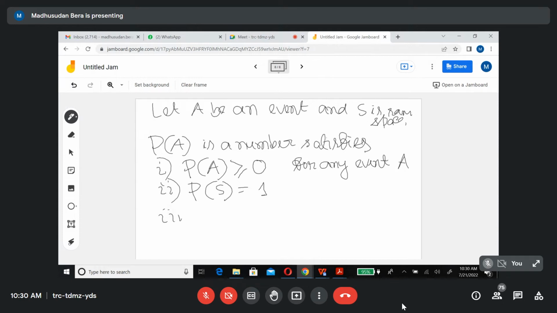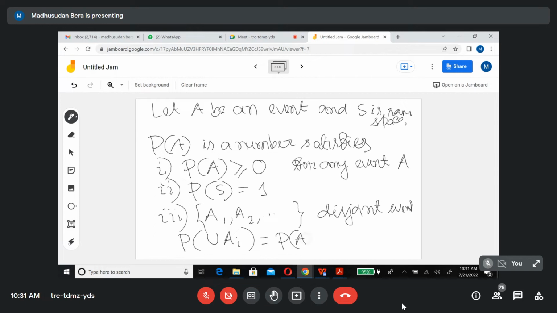Third one is, if we have an infinite collection of disjoint events A1, A2, that way, then the probability of their union will be the sum of their individual probabilities, summation of P of Ai over i.